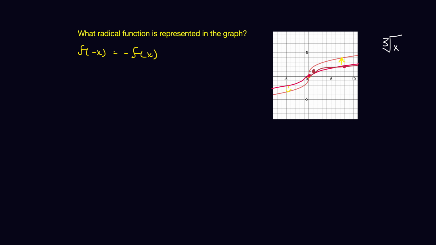0 times anything is going to be 0, that's a 0 stretch. But we are 1 here, and our next value here is 2. So our original function has the point 1, 1, but our new function has 1, 2. And again, for a vertical stretch, we're looking at the y. That tells me we're probably multiplying by 2, but I want to make sure.